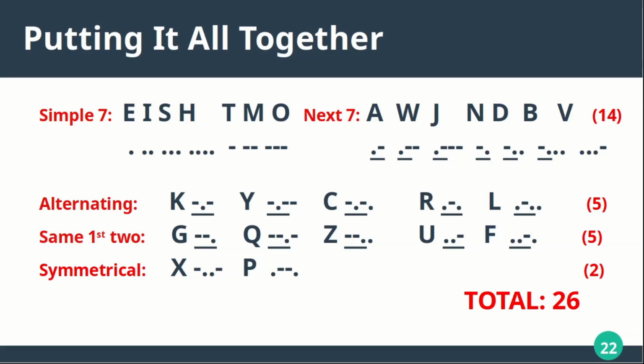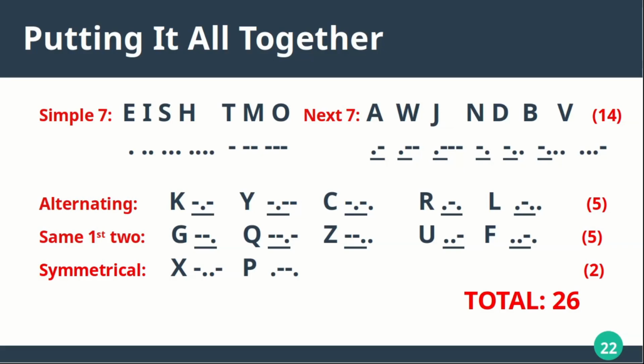In my first video, we did the simple 7 and the next 7, which are really just either a dot starting off with 1, 2, or 3 dashes. So it builds on A, then W and J, they're in a group. You reverse that and you have a dash and go on with either 1, 2, or 3 dots. You'll end up with N as the core of that next group.